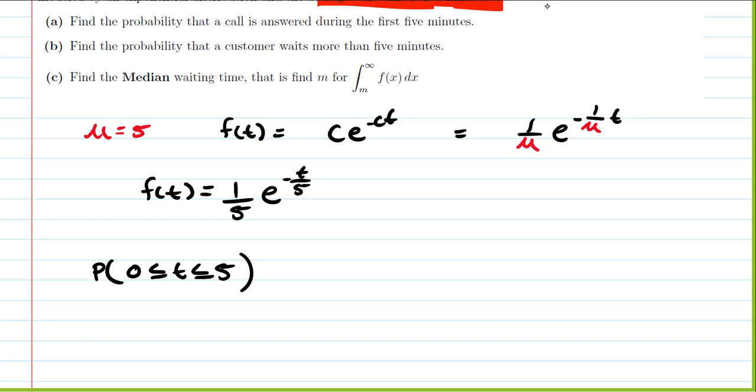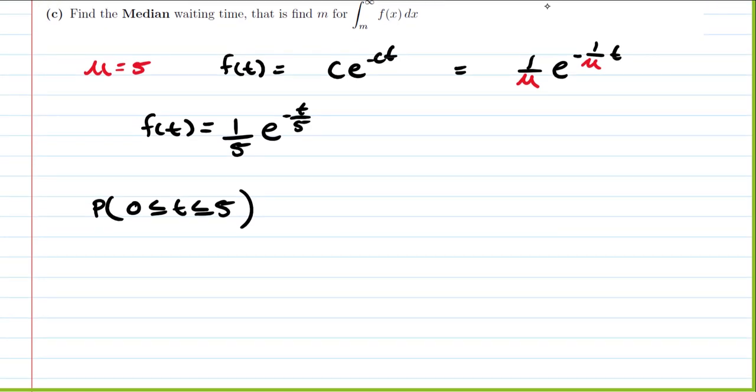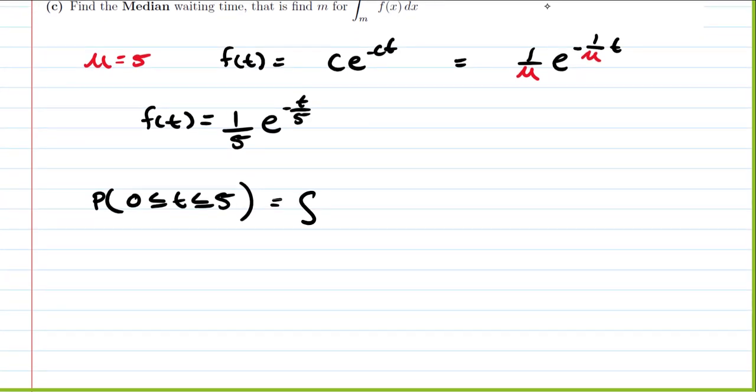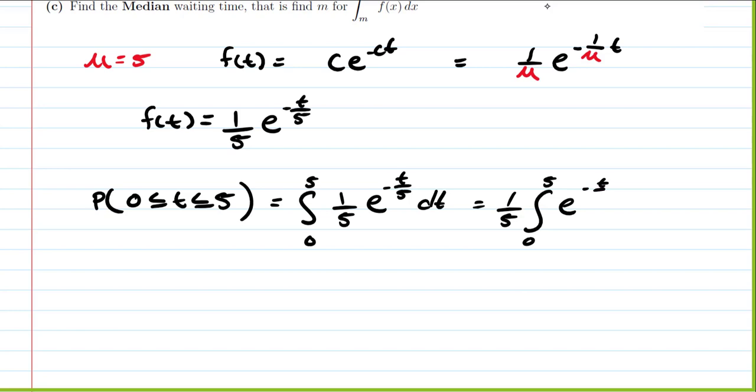And we want it to be less than 5 minutes. So this is going to be the integral from 0 to 5 of 1/5 e to the negative t over 5 dt. We can pull our constant out in front: the integral from 0 to 5 of e to the negative t over 5 dt.